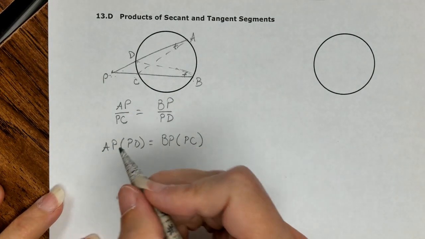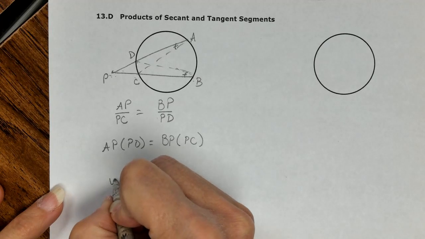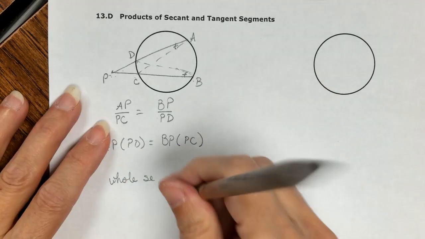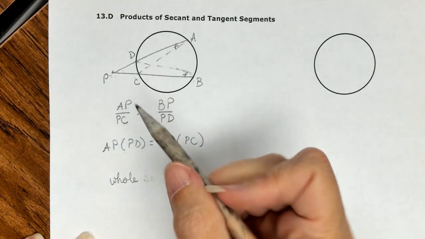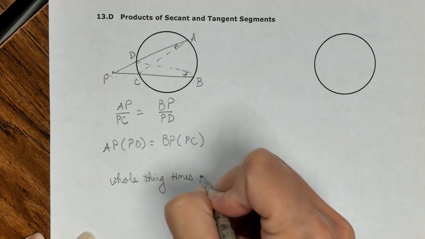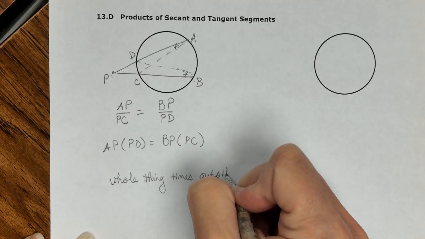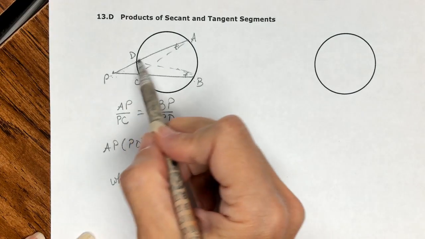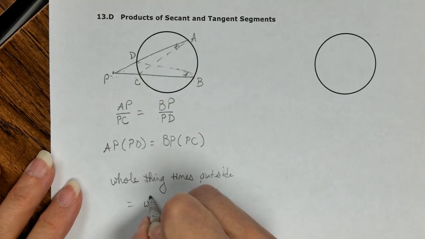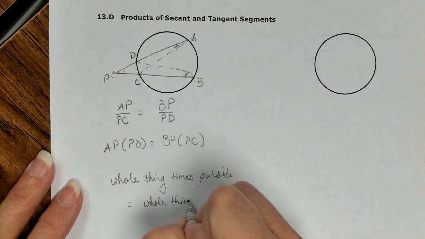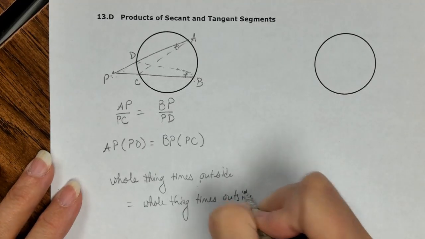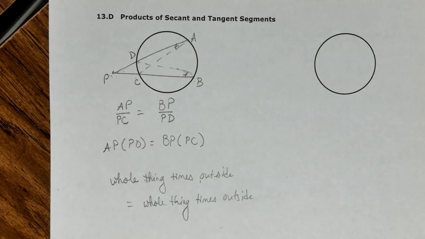Remember it that way if you want to, but it's that whole segment times the outside part, that small segment outside, equals the whole thing times the outside of the other one. Okay?